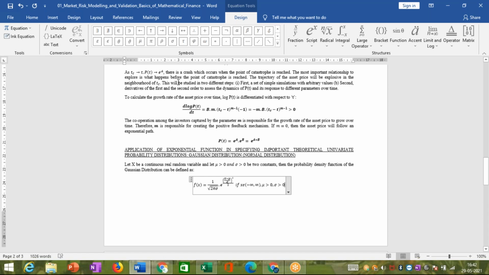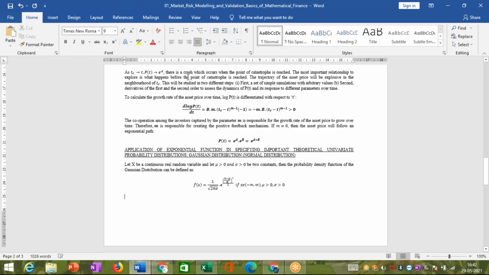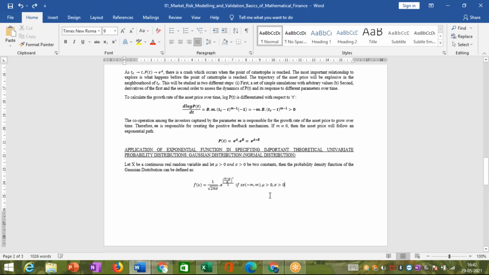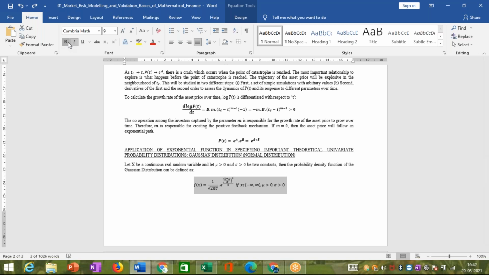So basically, if these conditions hold, then this is okay. Under this condition, this is the probability distribution function that you will have.